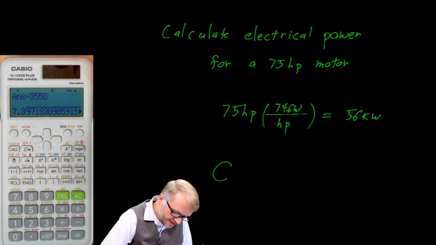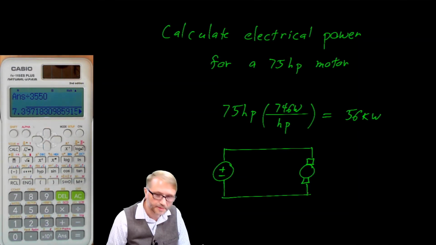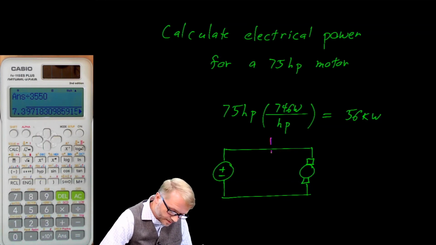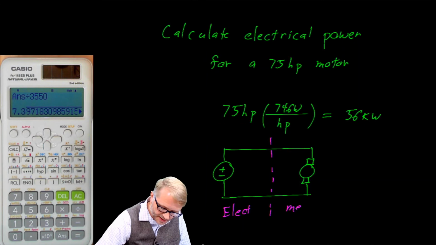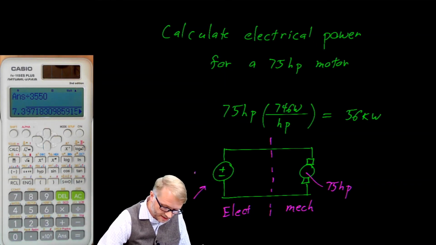And if you were to represent that, you would say there's the electrical side, and here is the motor. We're drawing these as simple DC motors here. There's a division. We call this the electrical side, and we call this the mechanical side. Over here, we talked about 75 horsepower from the shaft, and here we mentioned that it was 56 kW.